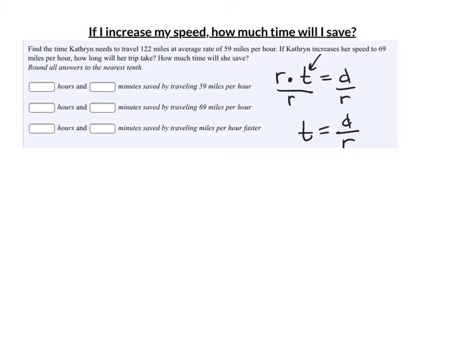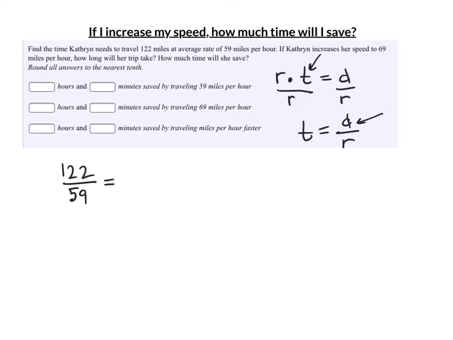So Catherine needs to travel 122 miles at a rate of 59 miles per hour. So 122 is the distance. The distance goes up top, and then we'll divide by the rate. That is 59.